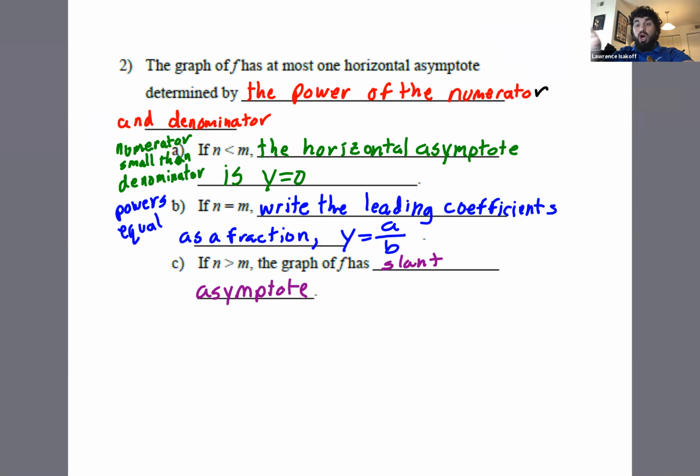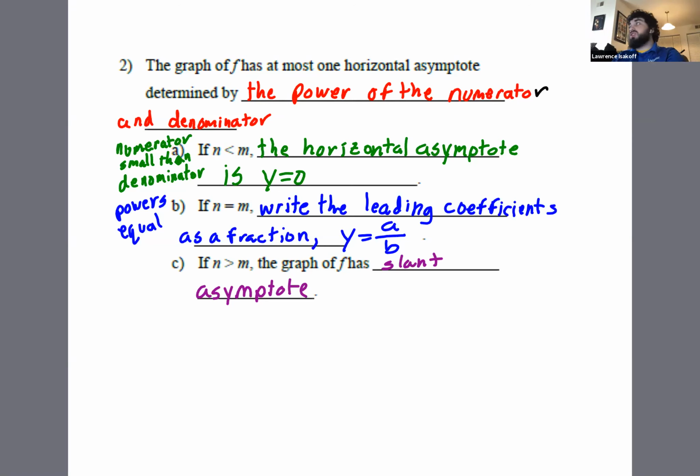Look, if I have 1 over x, x has a higher power than just the constant of 1. So that means it has a horizontal asymptote at y equals 0.